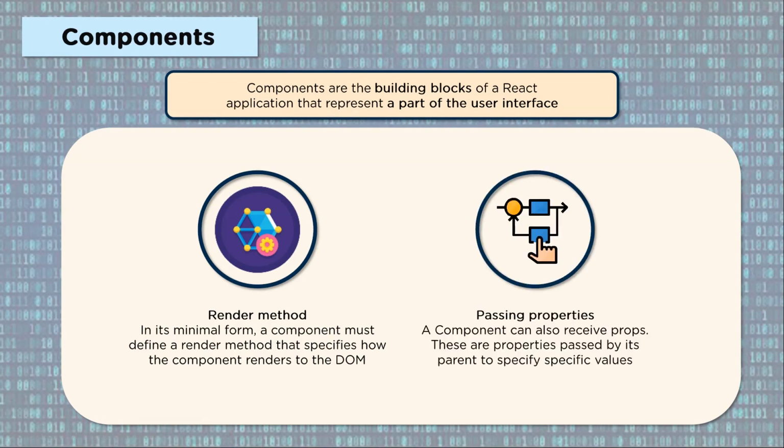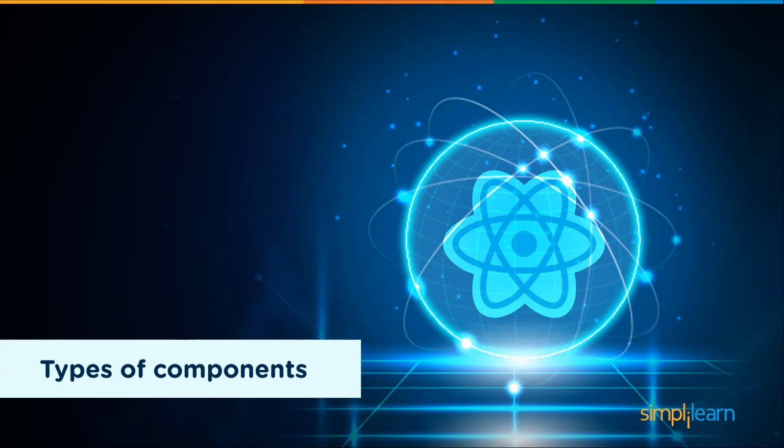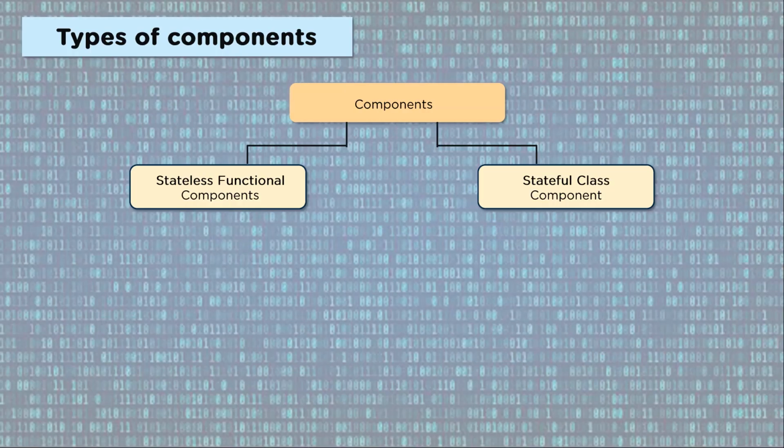Then passing properties between components, which is again a very core aspect of React, where components would communicate with each other by transmitting data in terms of properties, and a component can also receive props, and these are basically data points or data values that are passed by the parent to specify certain values from the parent to the child component.